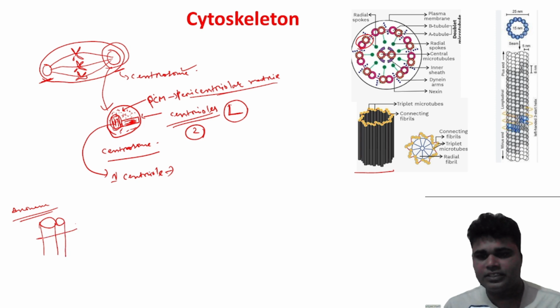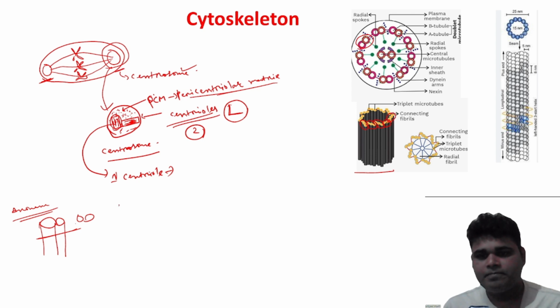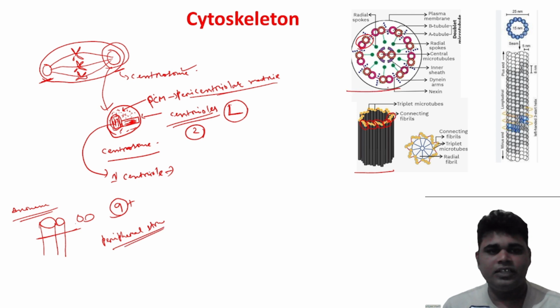If we take a cross section, it looks like this: three tubes joined to each other, 1, 2, 3. Just like that, 9 peripheral structures are present. This is the axoneme structure.